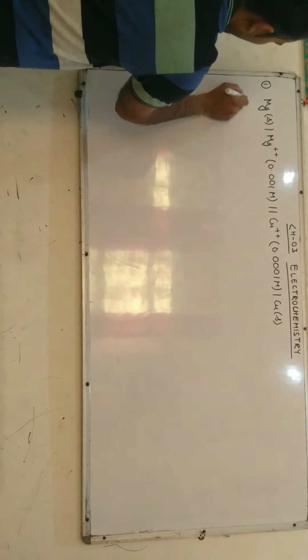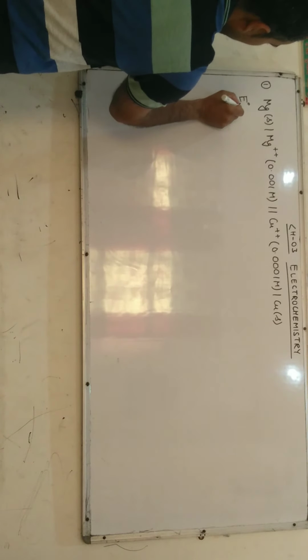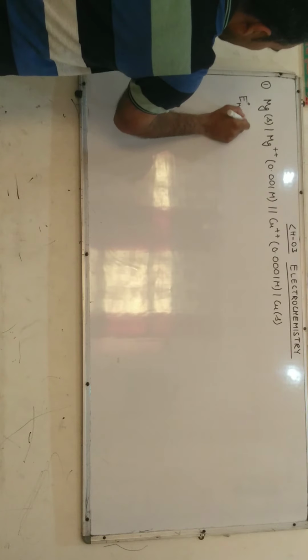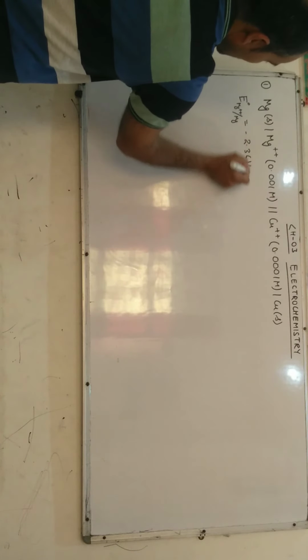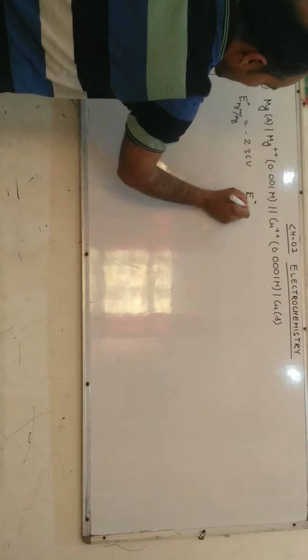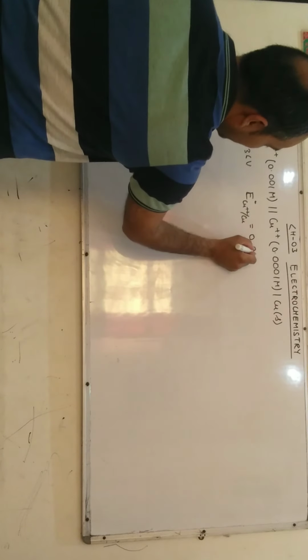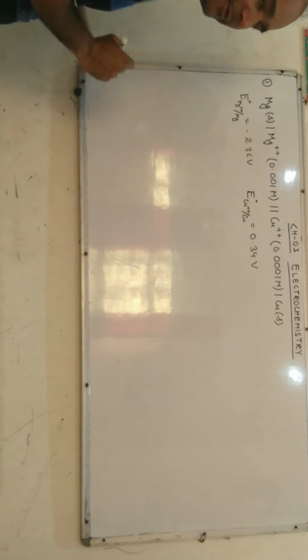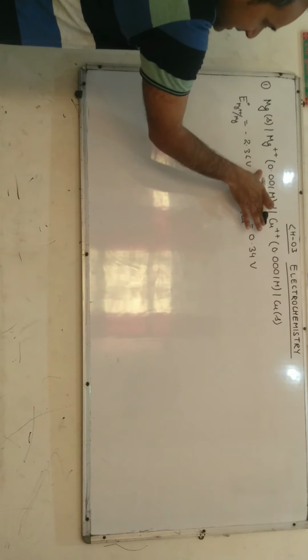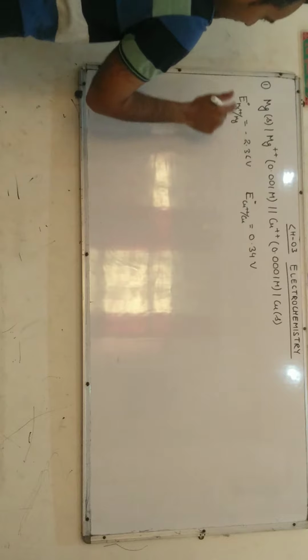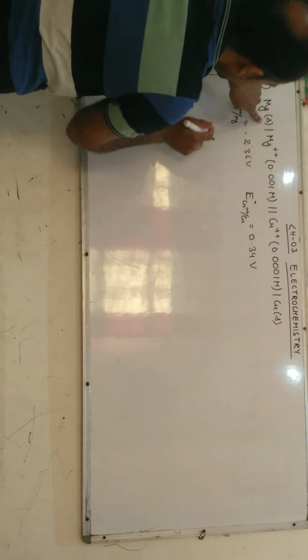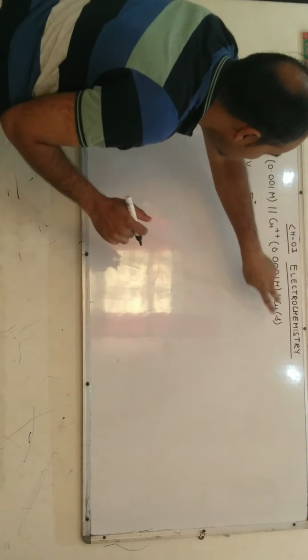The reduction potential is given: Mg double positive/Mg is minus 2.36 volt, and E naught of Cu double positive/Cu, that is the reduction potential of copper, is given as 0.34 volt. Our first aim is to write this cell as a reaction, where Mg is oxidized while copper is reduced.